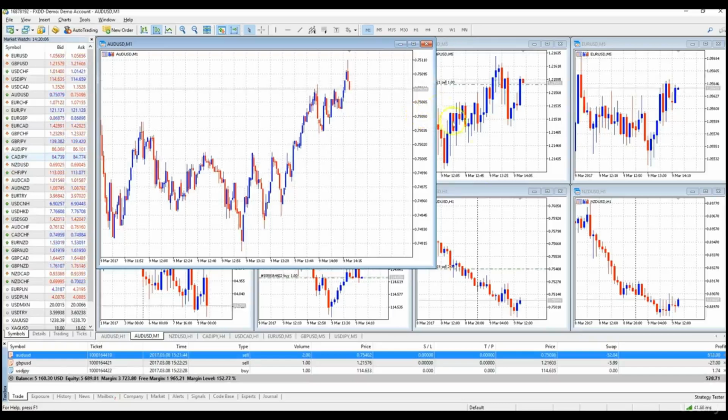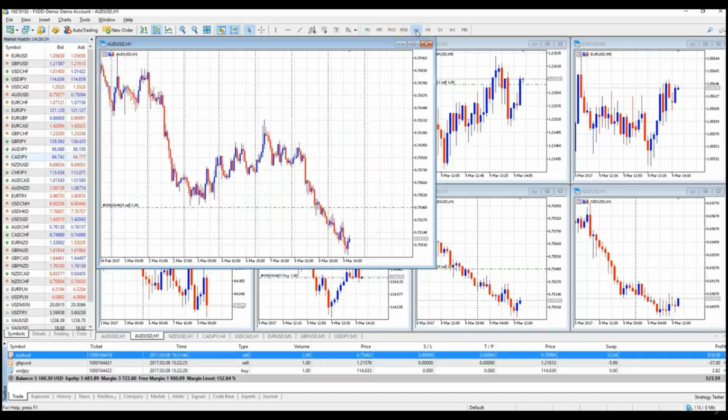I do apologize. There we go. So you guys can see that my profit went up quite a bit. This is on a 1 minute chart. Okay, and I'm making profit as this pair continues to sell off. And that's because if I just go back to the 1 hour chart, I sold $200,000.